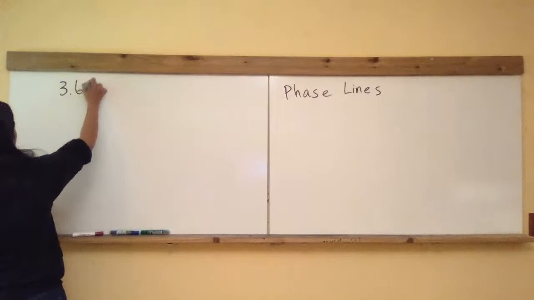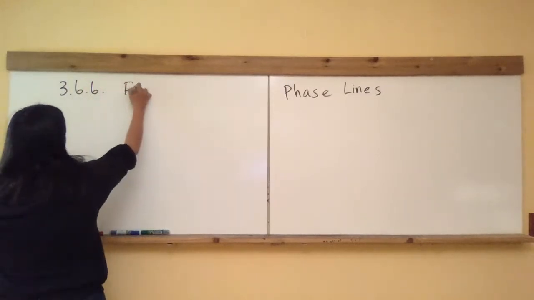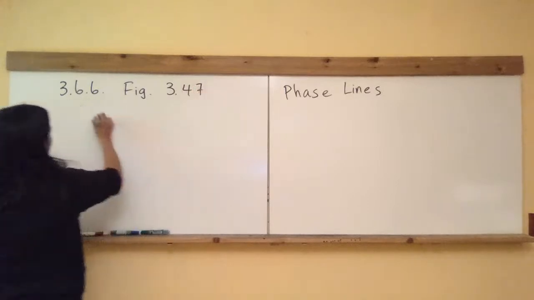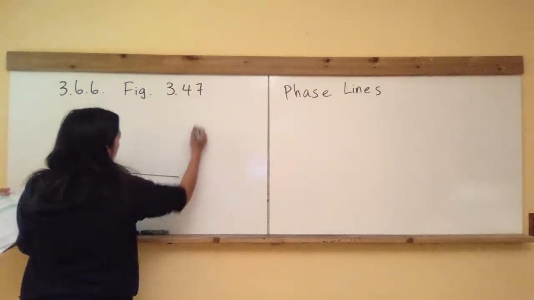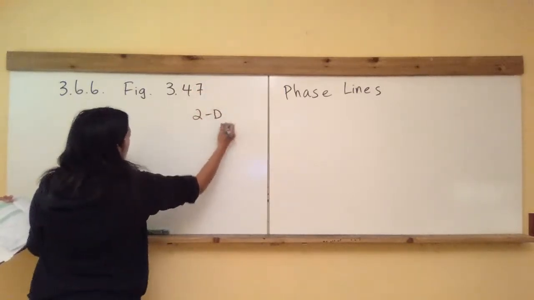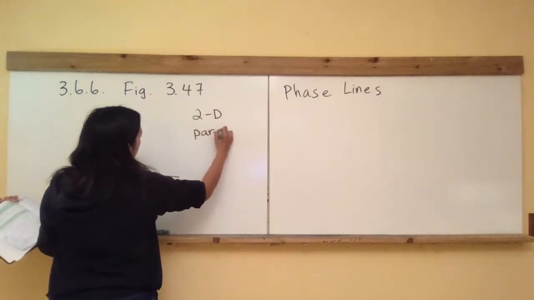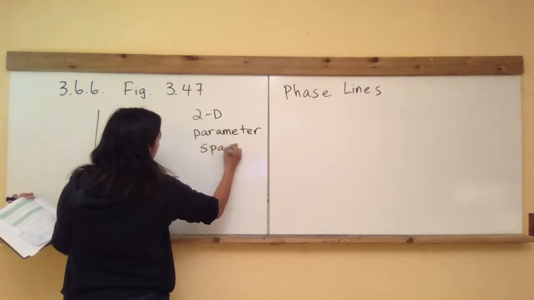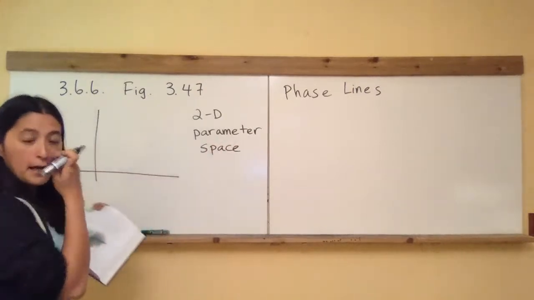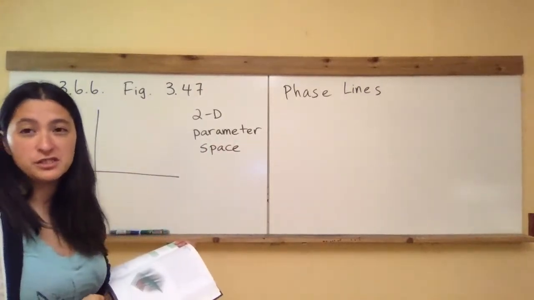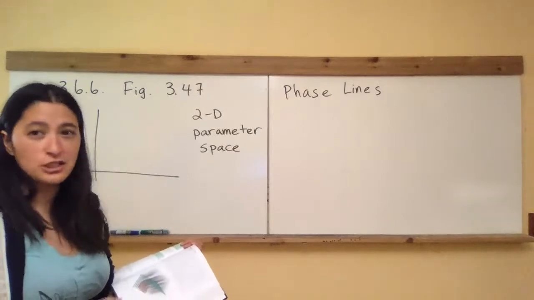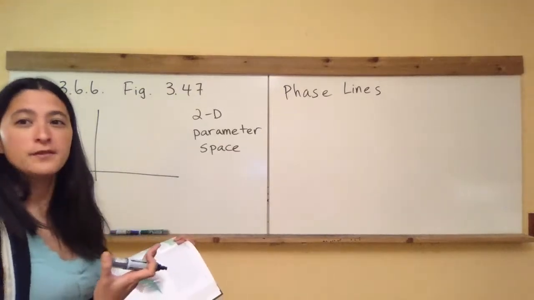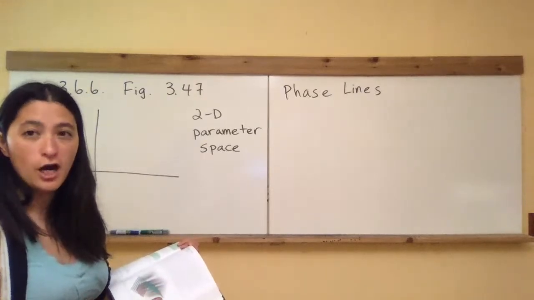So this is 3.6.6 and it references figure 3.4.7. And what I just said is that this is 2D parameter space. Okay? This is not a 2-dimensional state space. There's actually no state space at all in figure 3.4.7. All we have is parameters, not states.